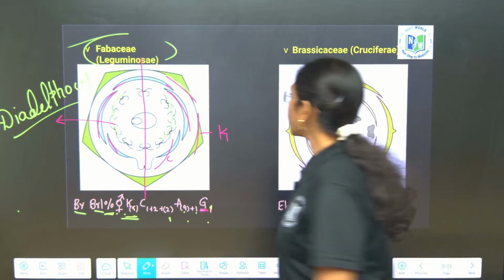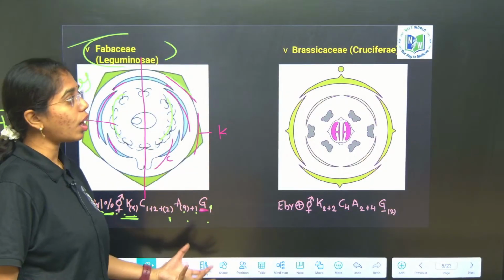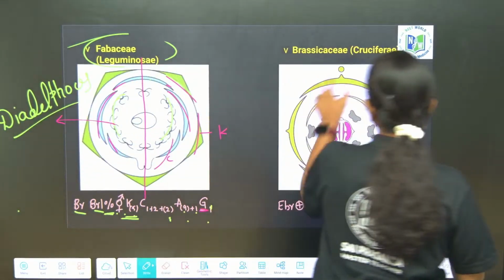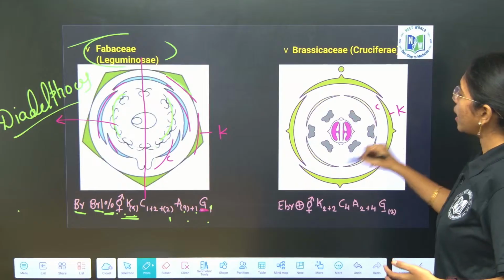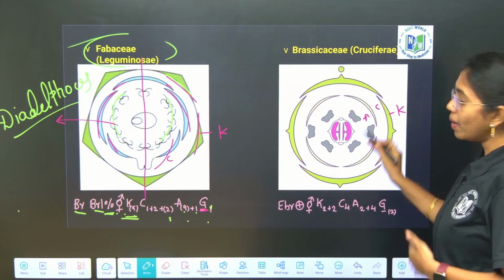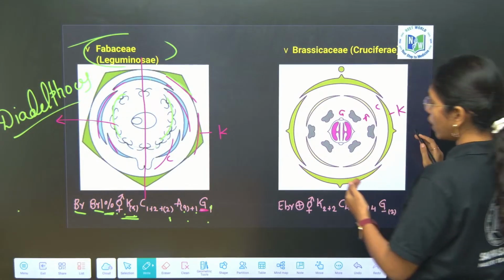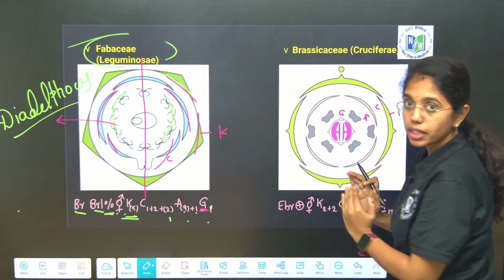Which indicates what ovary? Superior ovary. Here you see, beta, the next family is Brassicaceae, which is also called Cruciferae. Here, first the outer whorl is again calyx, next to that is corolla, next is androecium, and at the center it is gynoecium. In the calyx, you see 2 whorls on the outer side and 2 at the center.